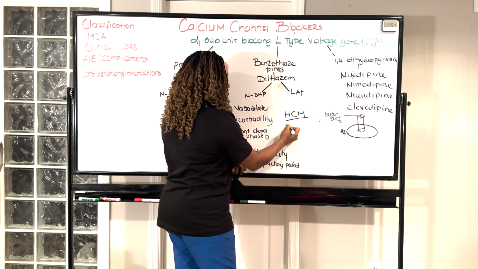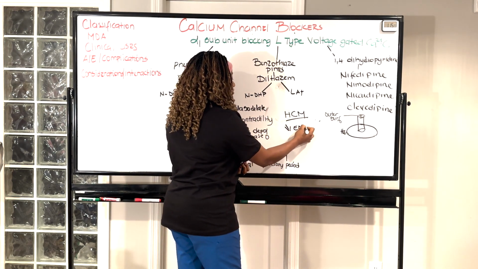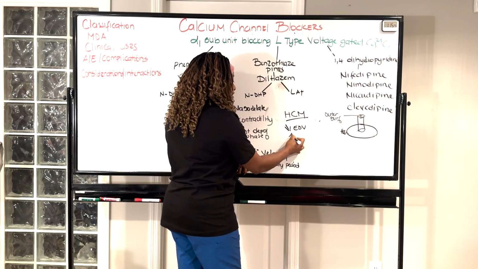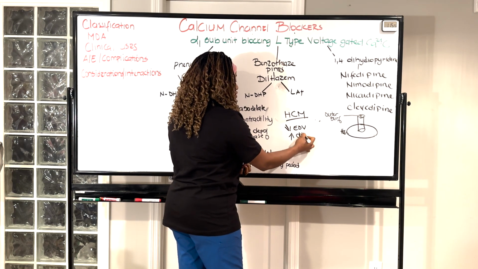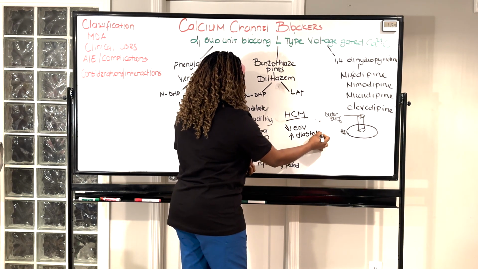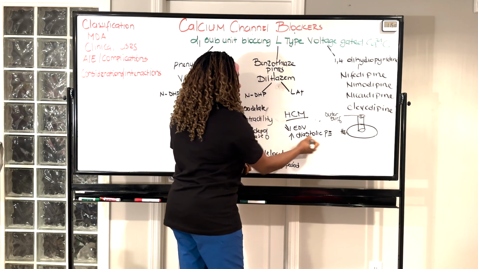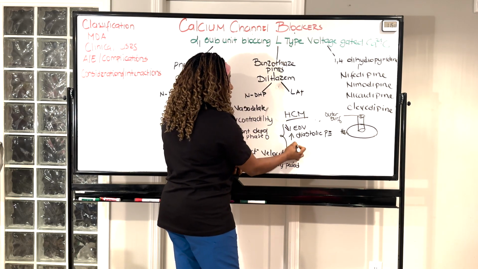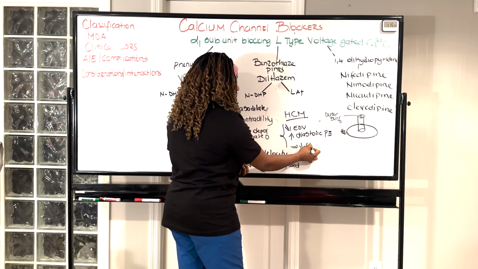So you have a decrease in your end-diastolic volume, but you also have an increase in diastolic filling pressure. And these two actions are going to lead to a decrease in your cardiac output.